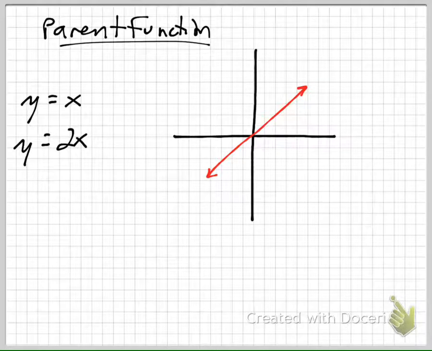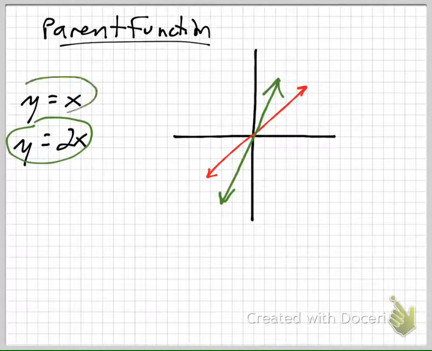So our new function here would be a 2, right? But it's still going through the origin. I compared this to the parent function, and I know that simply because of that 2, my new line is just steeper than the parent function.